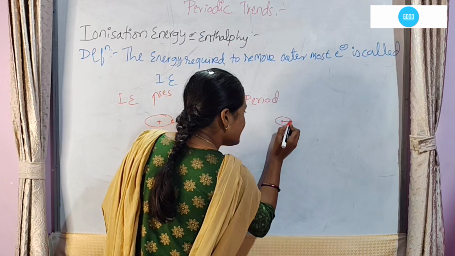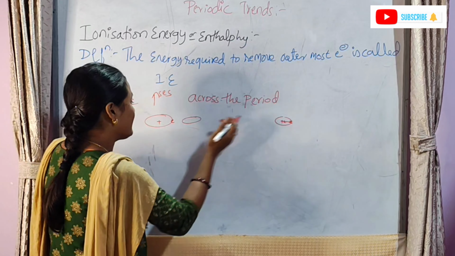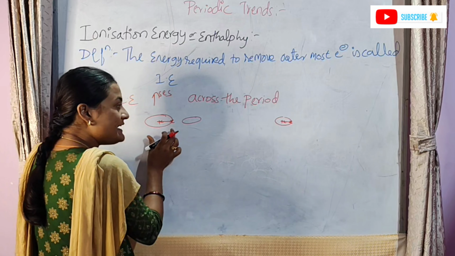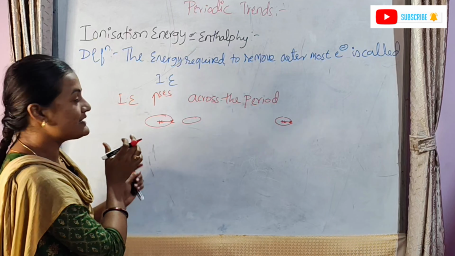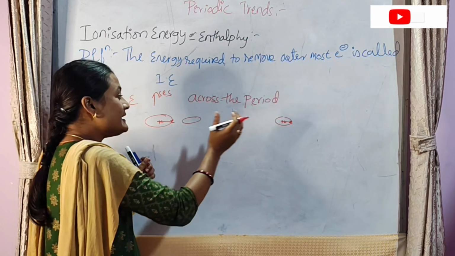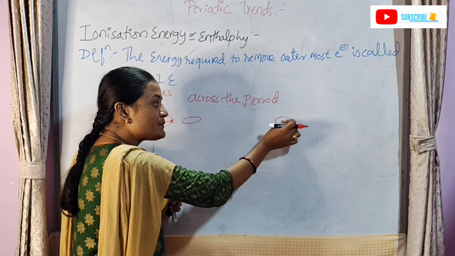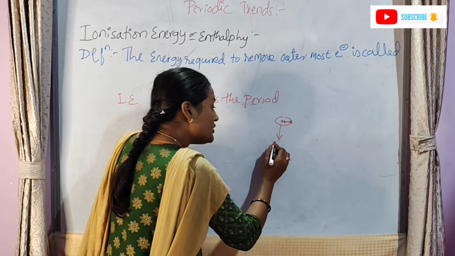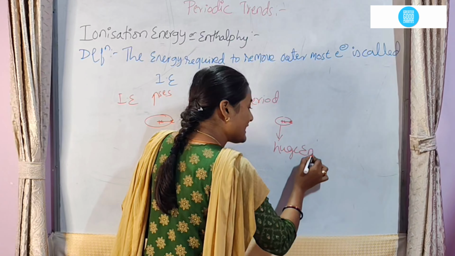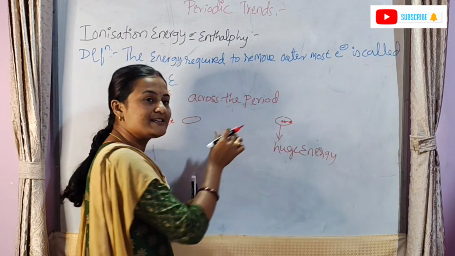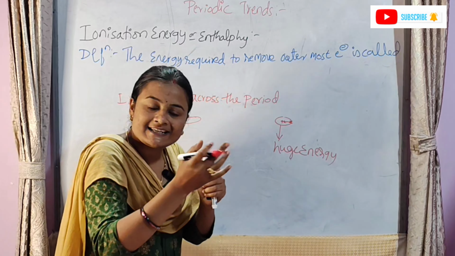Here, the attraction is more between this proton and the electron. See here, the attraction is comparatively less in this diagram, that is in the first group. Here it is very difficult to separate this proton and electron. Therefore, a huge amount of energy is required to separate these two, because the attraction is more.